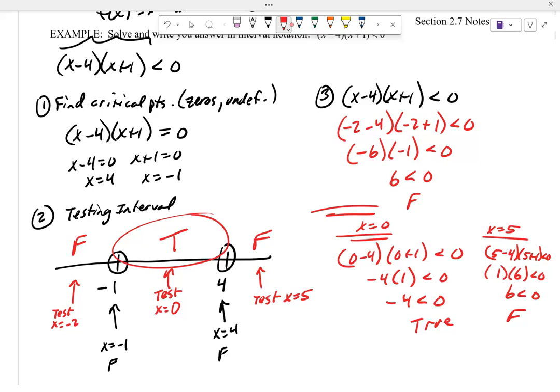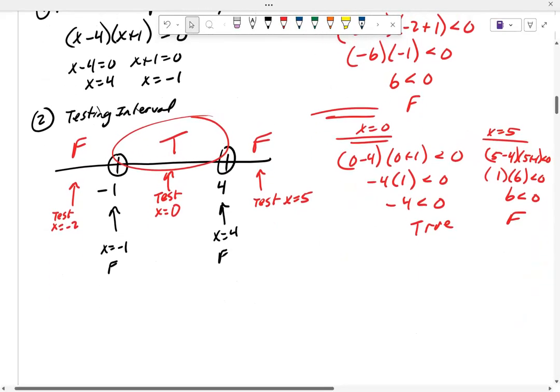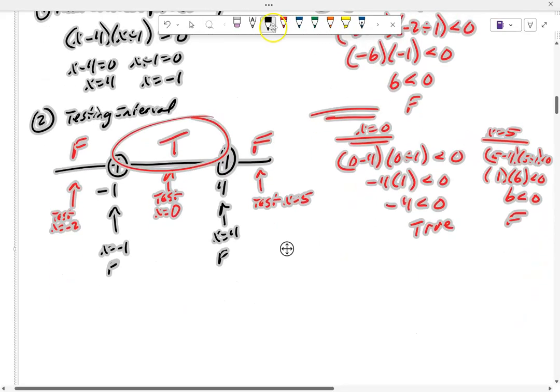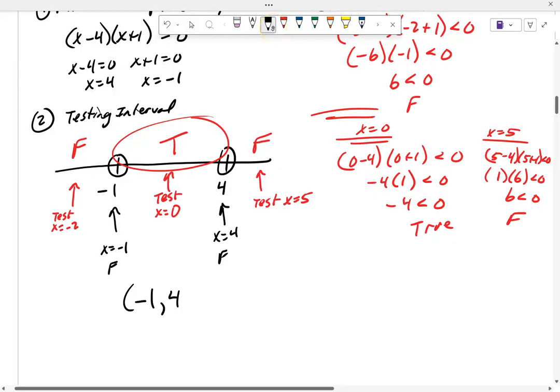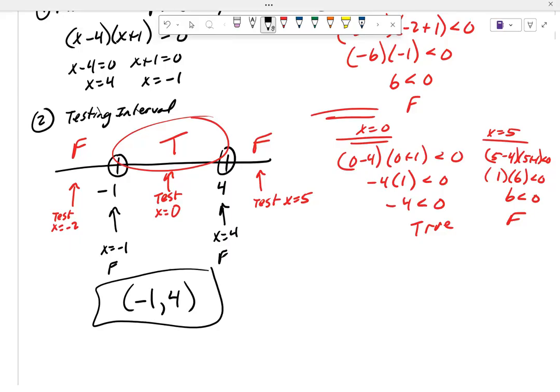That's the open hole. I'm not going to include 4 either. That's an open hole. So from -1 to 4, any x values between there makes this true. Any x value between -1 and 4, not including -1, not including 4.